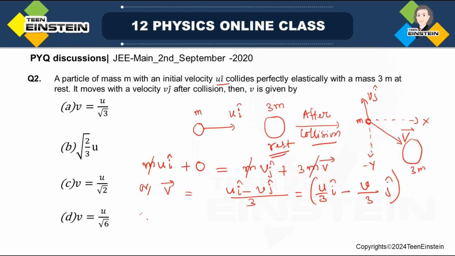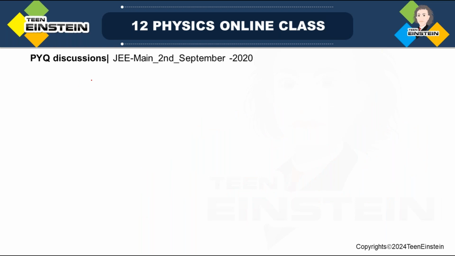I can apply the law of conservation of kinetic energy. The initial kinetic energy was half m u square, and finally it will have half m v square along this direction, the magnitude of the velocity in the j direction.